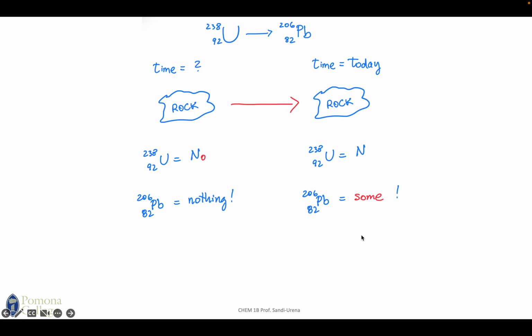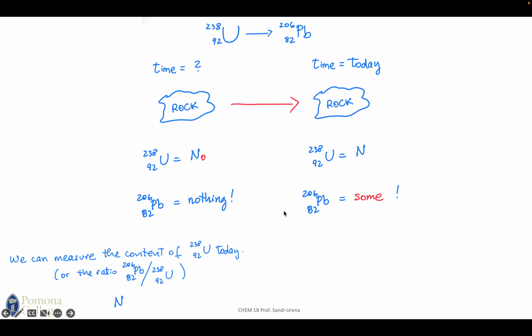How much are we going to have of lead? For each nuclide of uranium that reacted, we're going to get 1 nuclide of lead. So there's a direct relationship. And we know that, therefore, the total amount initially is going to be equal to whatever is left unreacted plus the number of nuclides that reacted to form whatever we have of lead present today.